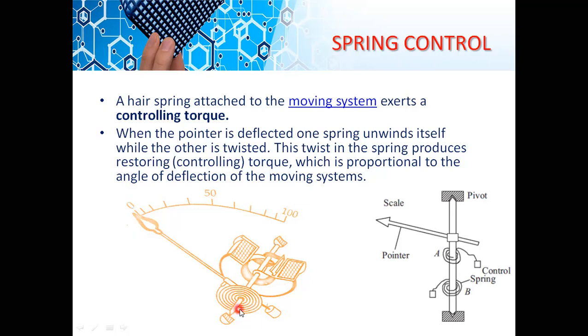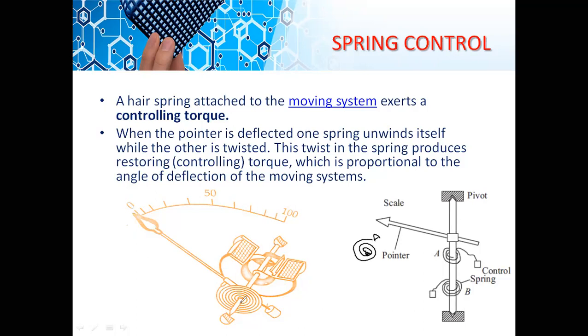And now you can also see that there is a spring here. Spring obviously should be having two terminals. We can see that spring will be having two terminals. This is a spring. So here you have two ends of this spring, end A and end B. How this is connected here, we'll see.